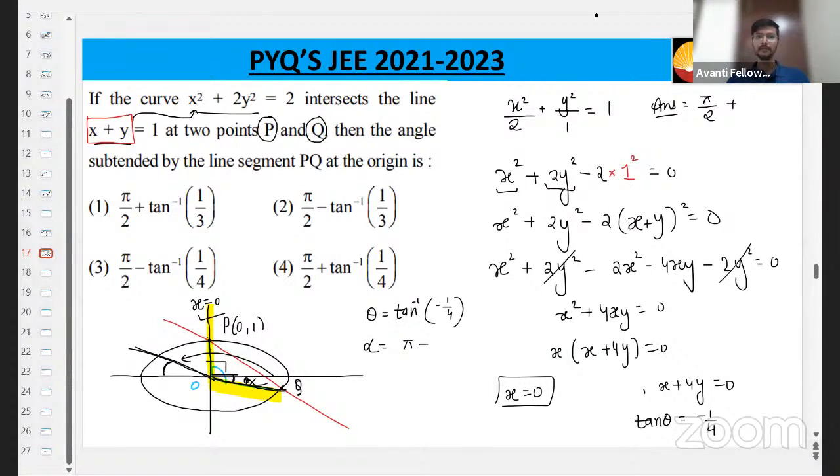So it will be pi by 2 minus of minus, so it will be plus tan inverse of 1 by 4. Correct? So this is my answer, which is option number 4. We got it. Correct? Let's see the next question.